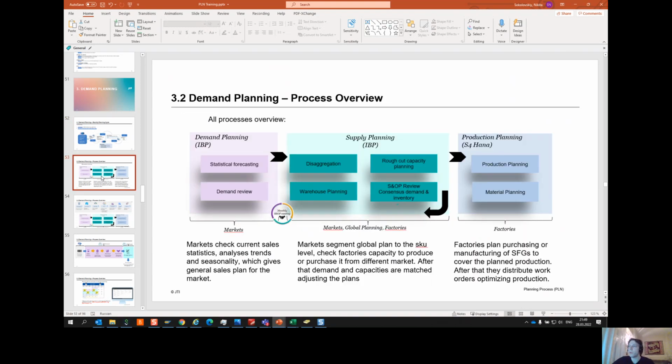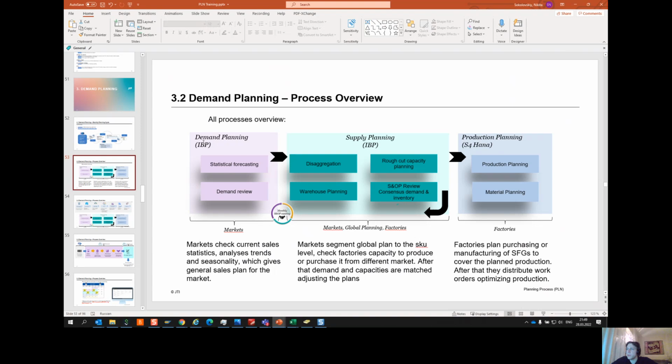So we're moving to the process overview in a more simple way. Demand planning is done by markets, and by markets, we mean entities or company codes. Generally, markets are countries, you can say, to simplify.